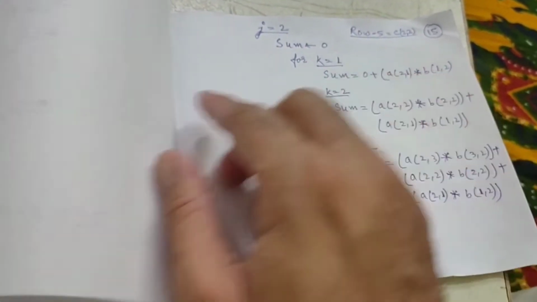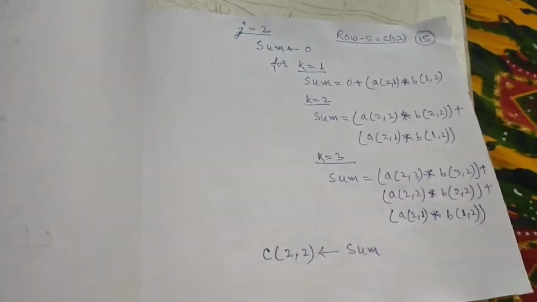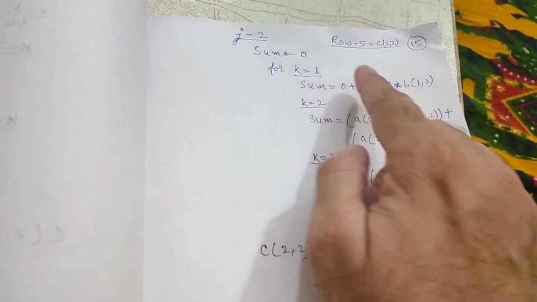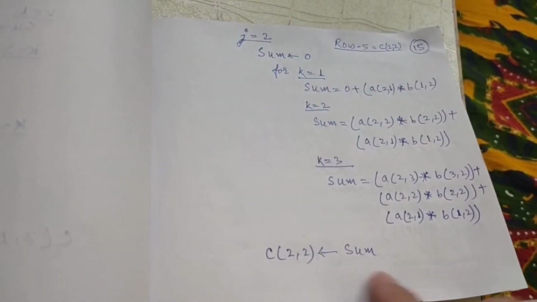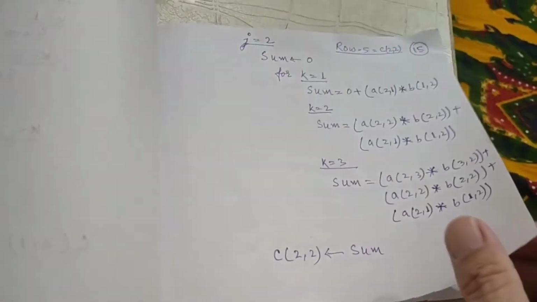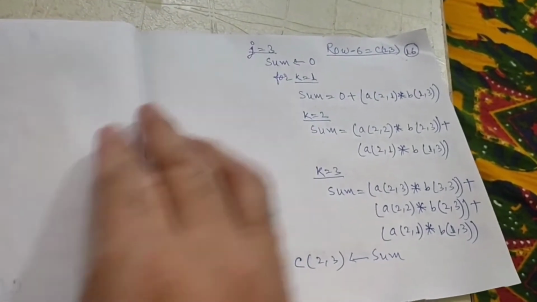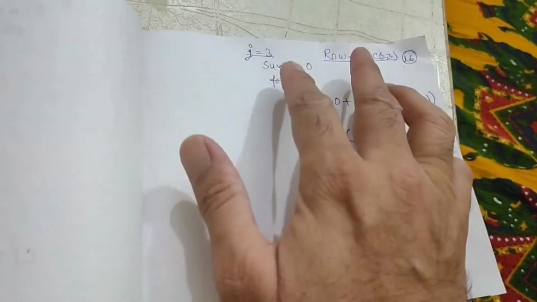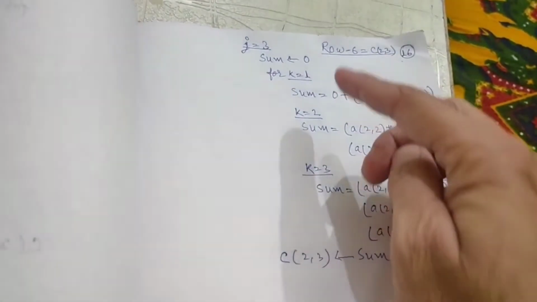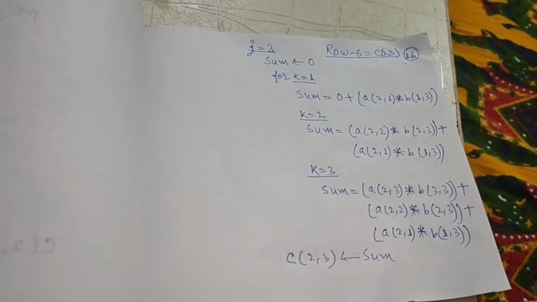i is equal to 2, row 5th, C22, i is equal to 3, 6th row C23, same C23.